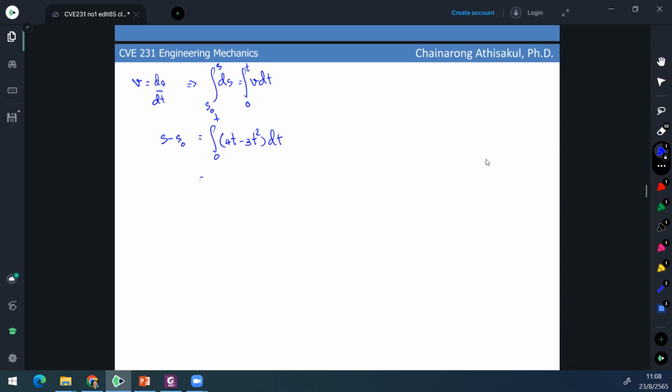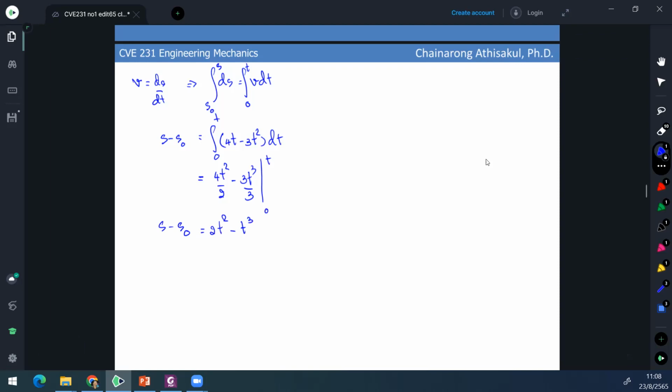We obtain 4t squared over 2 minus 3t cubed over 3, with the limits of integration from 0 to t. So we have s minus s0 equal to 2t squared minus t cubed.